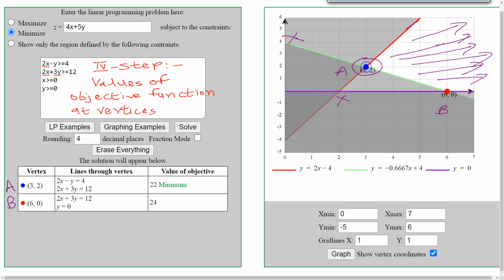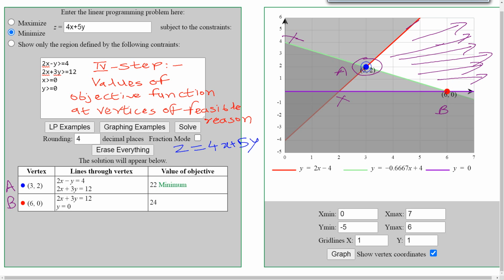So what was the objective function? Recall that the objective function is z is equal to 4x plus 5y.